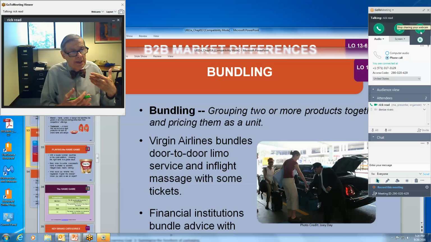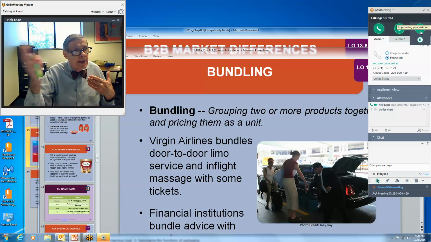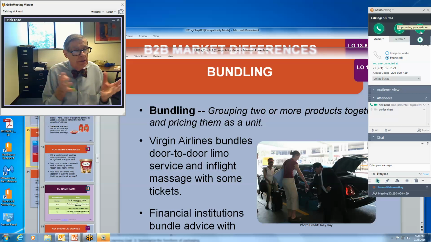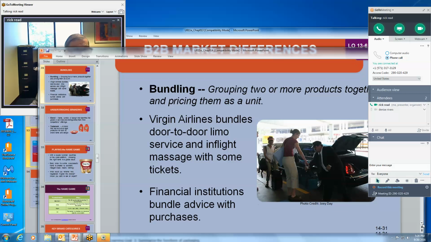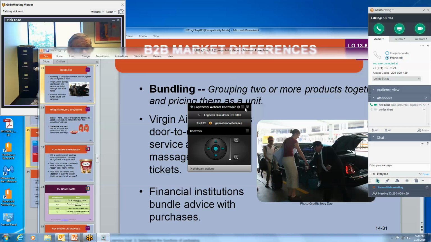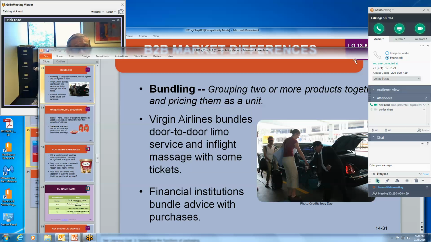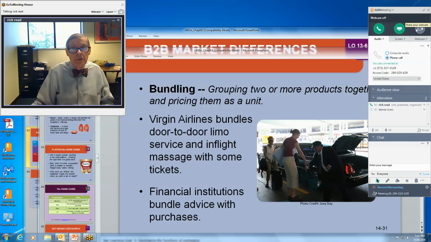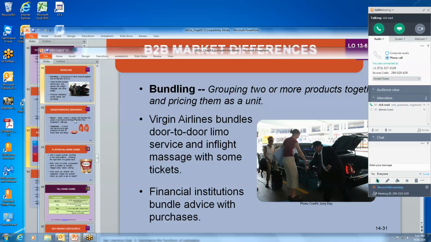We're getting something extra, and we're only paying one price because we get them as a unit. Virgin Airlines is mentioned on here. Financial institutions bundle advice along with purchases, and so it's something that we do see, and many people take advantage of it.